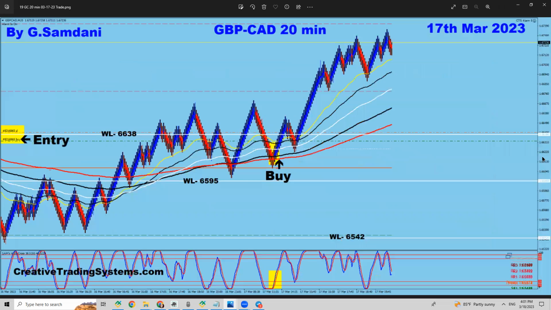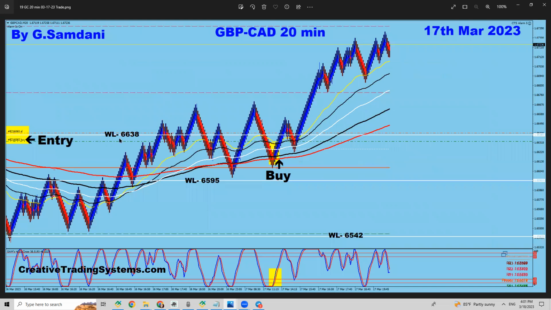All right. And the last but not the least is this pound CAD going to the upside on Friday. I forgot to type it here, I guess. Yeah, so probably it was like 80 pip or something. Okay, and this is it. So this is the last one.